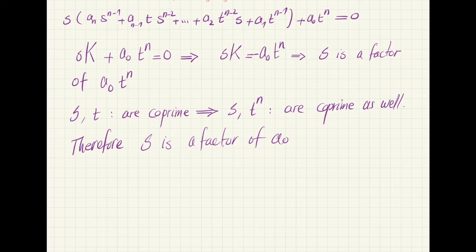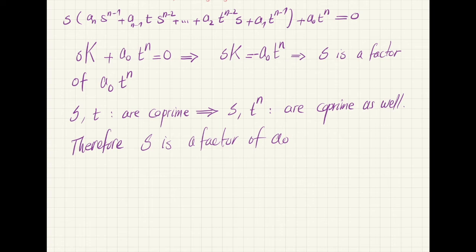So it is not possible to have a new common factor between S and T to the power of n, because the prime factors involved in T to power n are exactly the same prime factors that are involved in T. And S doesn't have any of those prime numbers as a factor. So it means that S will not have any of those prime numbers even in this number t to the n. So S and Tn are coprime numbers as well.